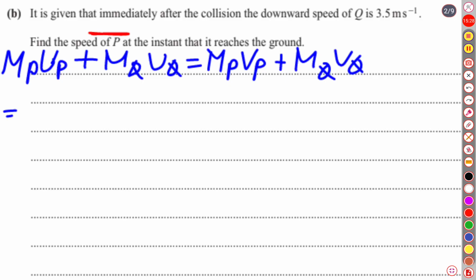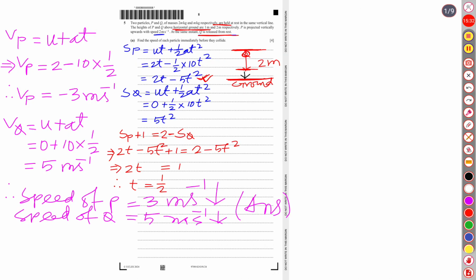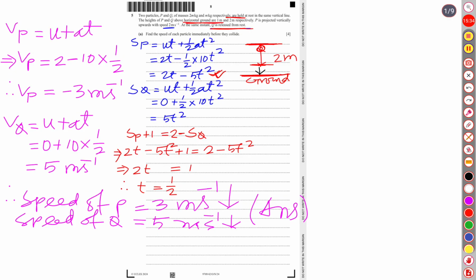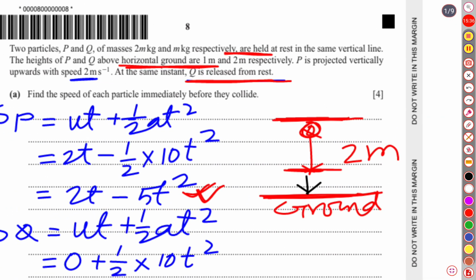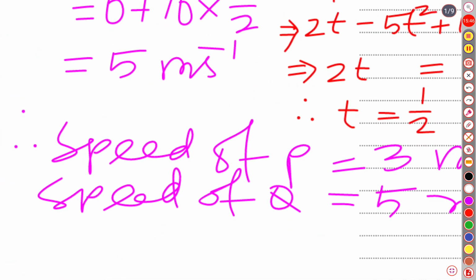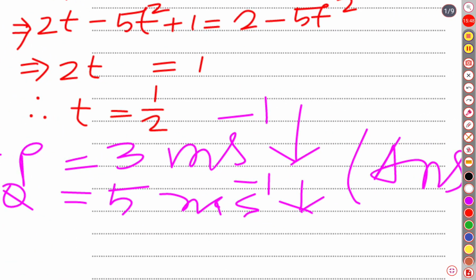Well, then the mass of particle p, let us go back to the previous page, was 2m. Here it is written 2m as well as m. And the velocities before collision we have found were 3 meter per second and 5 meter per second, and the direction is the same. We should not get confused.